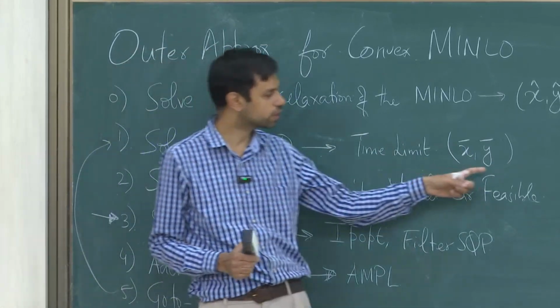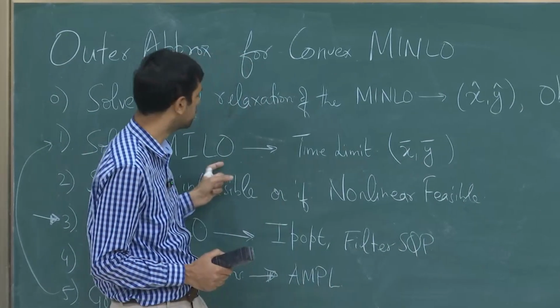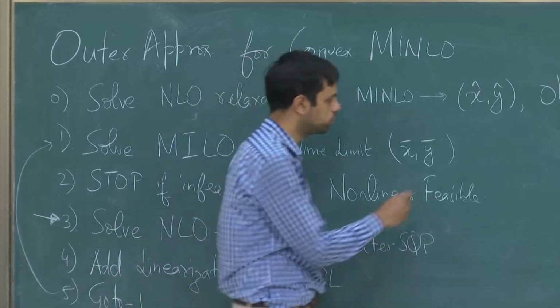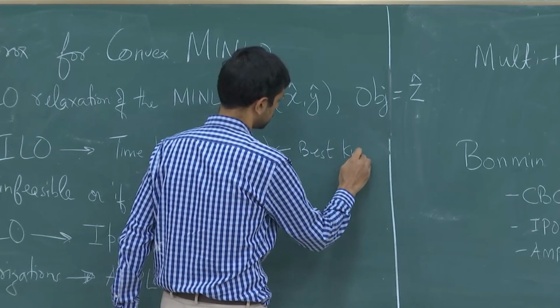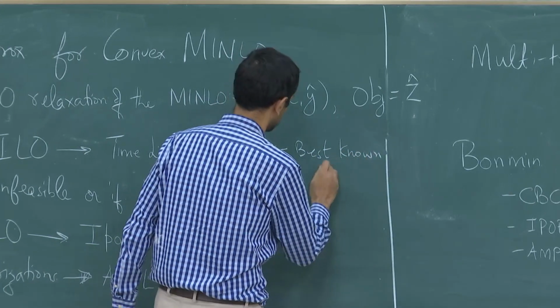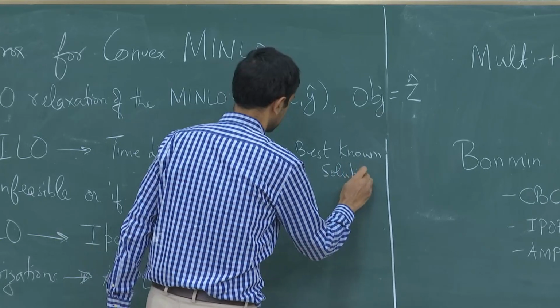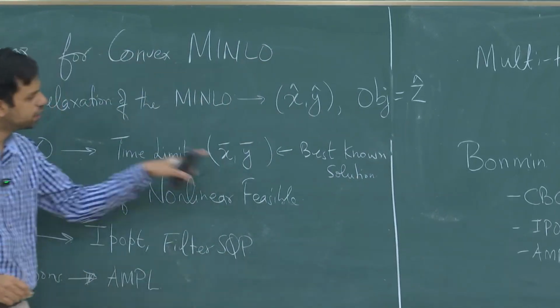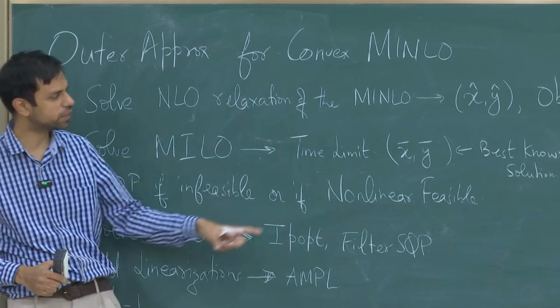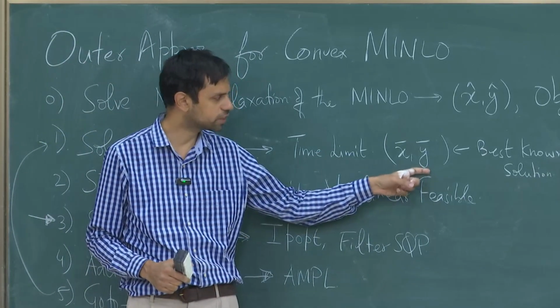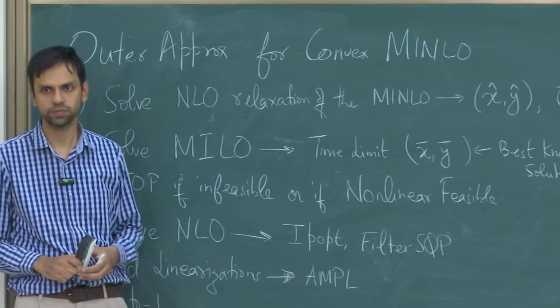So if this Y hat, suppose after 5 minutes it gave this as the best known solution, you can still add linearization cuts around this point. Using the same principles, you can solve for a fixed Y bar and solve it.